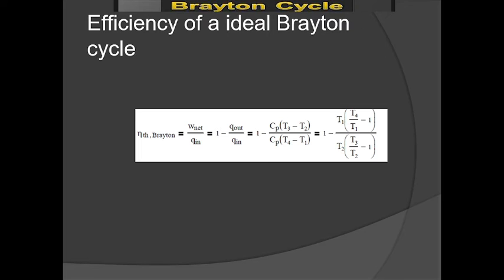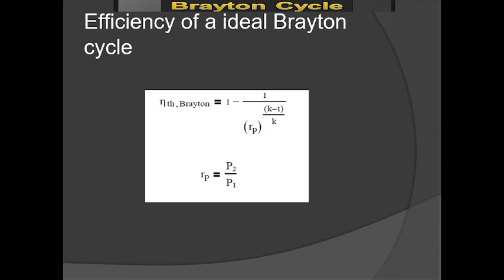So it just expands. So the efficiency of an ideal Brayton cycle is given by this formula.